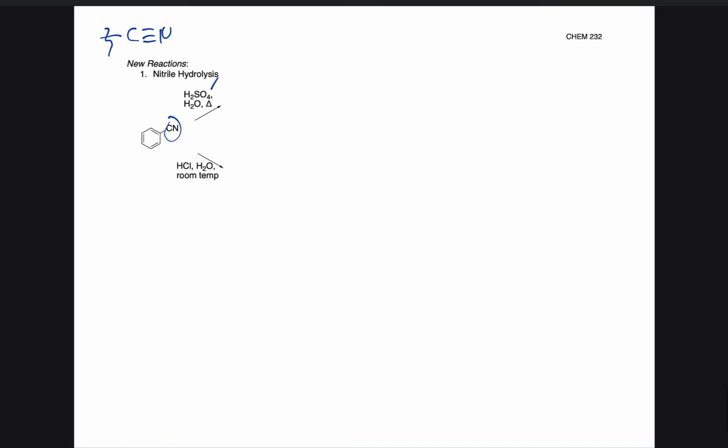The top one, these are harsh conditions, and below we have these mild conditions. And with the harsh conditions, what happens is we make a carboxylic acid, and with the milder conditions, notice there's no heat there, and we're not using sulfuric acid, which is notably harsher.